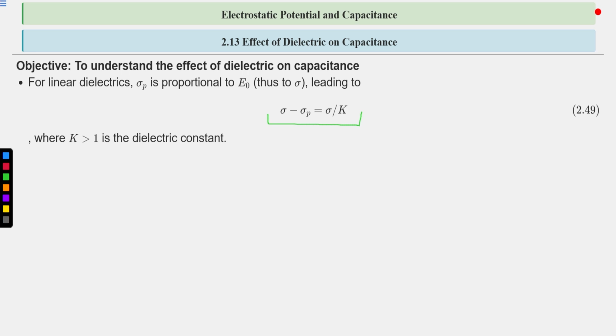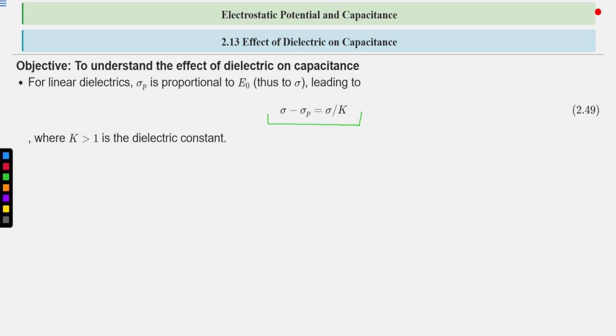So sigma minus sigma p upon epsilon naught is the reduced value of the electric field, and sigma by epsilon naught is the external electric field. We know that k is equal to E naught by E, where E naught is sigma by epsilon naught and the reduced value E is sigma minus sigma p upon epsilon naught.